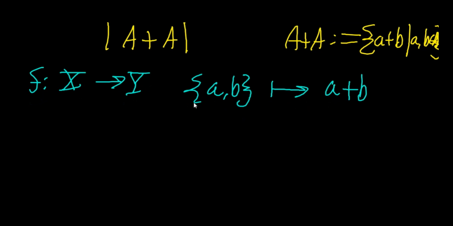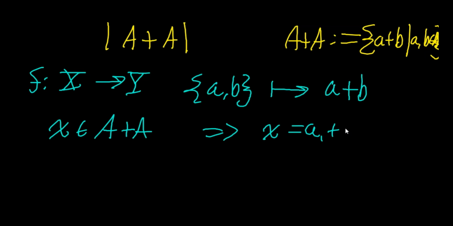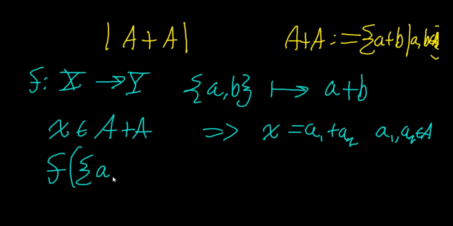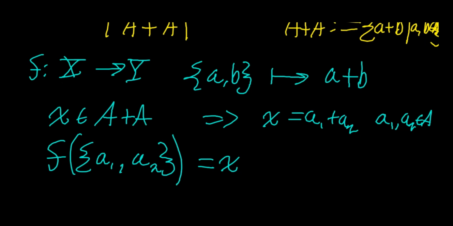To see that this map is surjective, let's take an element x in A plus A. Then x is equal to a1 plus a2 for some a1, a2 in A. And it's clear that there exists a multi-subset of A of size 2 that contains a1 and a2. So F of {a1, a2} is equal to x. So this shows surjectivity.